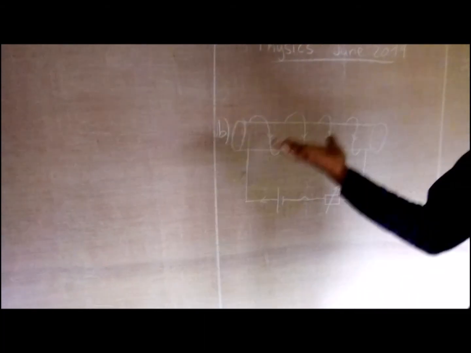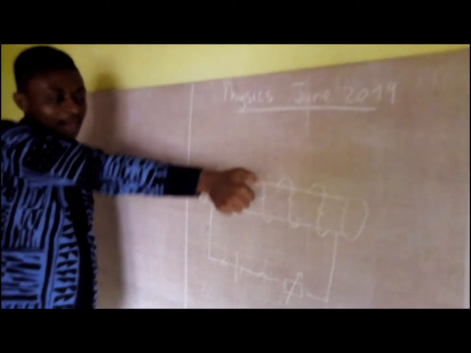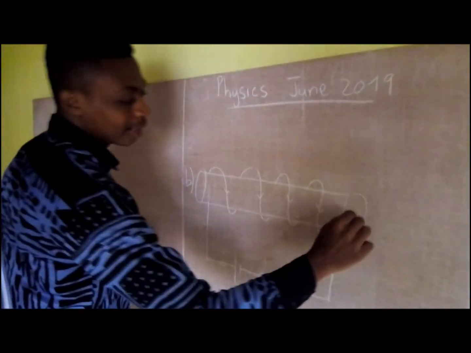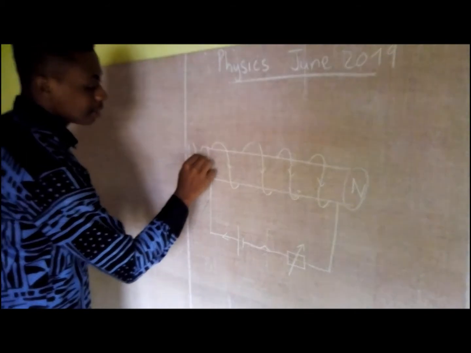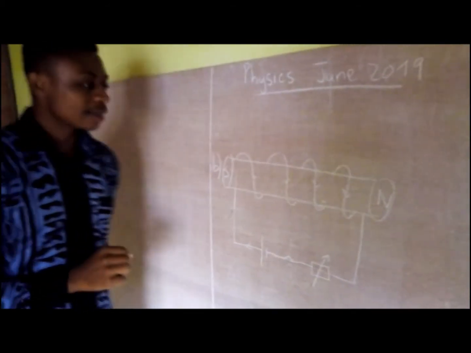You use your right hand; these 4 fingers are the direction of current, and your thumb is pointing to the north pole of the magnet. That means this is the north pole, and this is the south pole. What about the magnetic flux?